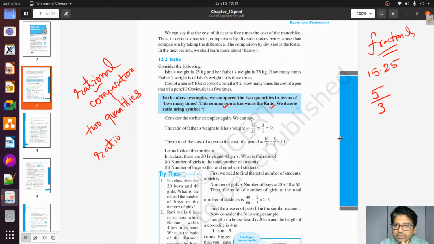This is the rational number, the standard number. So when you compare two quantities, that is called ratio, like 3 by 2 or 75 by 25. But when you bring it to the smallest form, that is called standard ratio. That's the standard form of the fraction. Okay, clear?